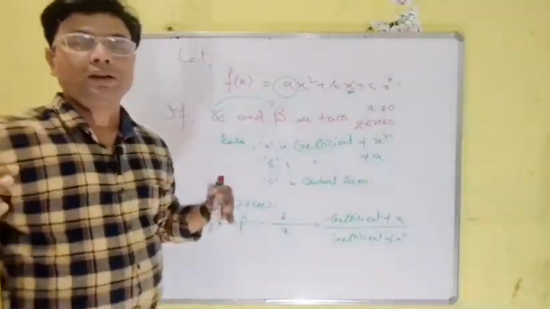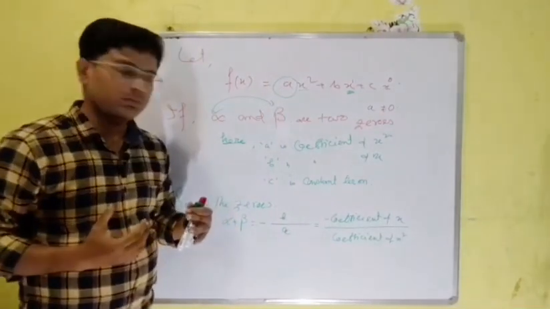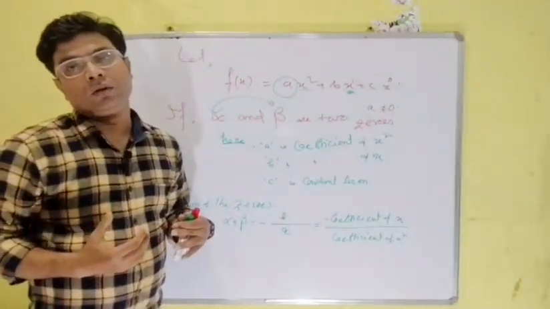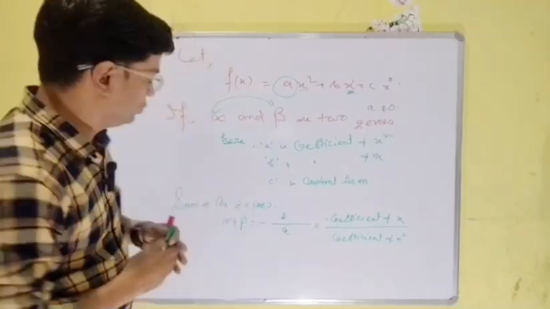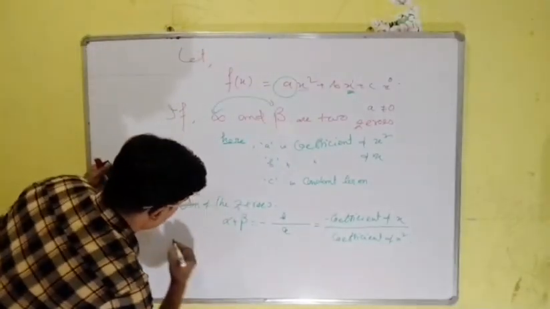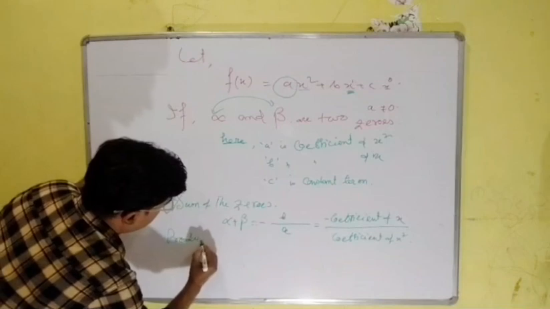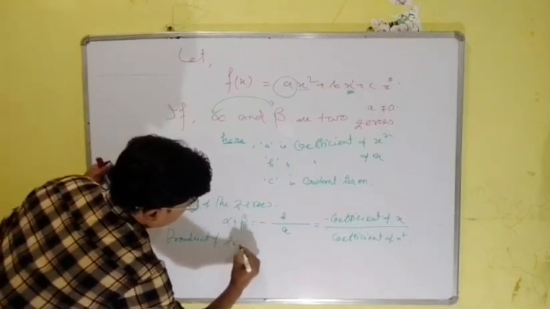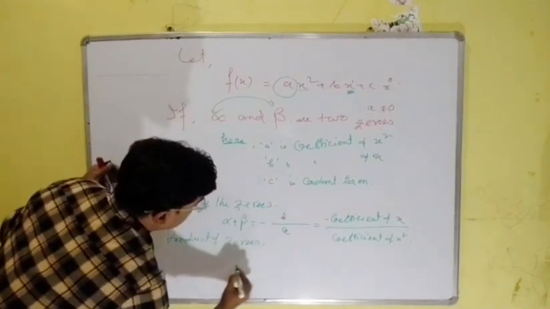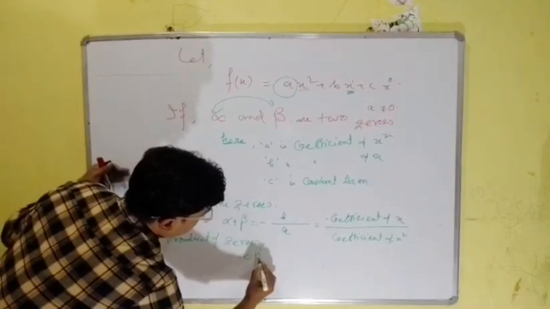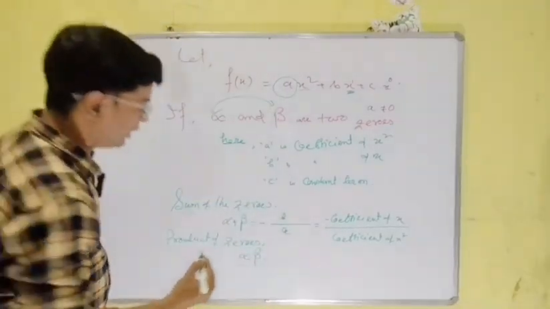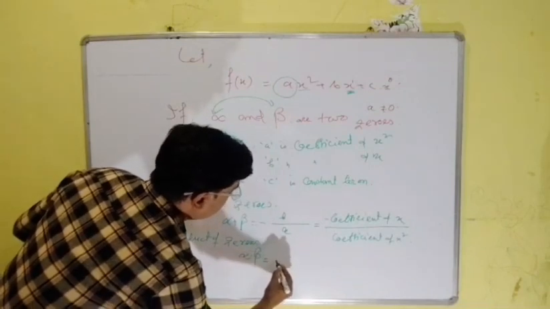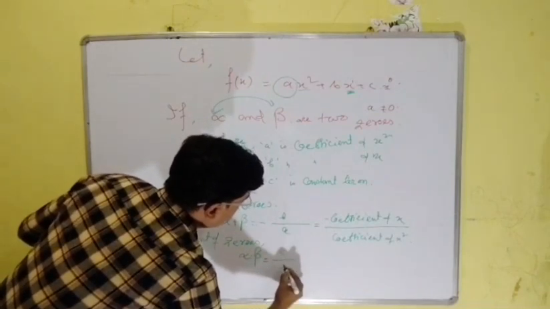Then we need to find another relation between the zeros and the constant term and the coefficient of x square. That is the product of zeros. The product of zeros, alpha into beta, is equal to c by a.